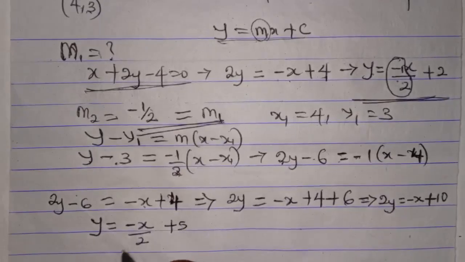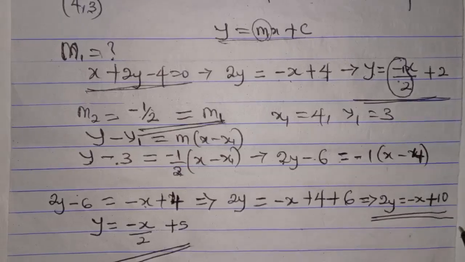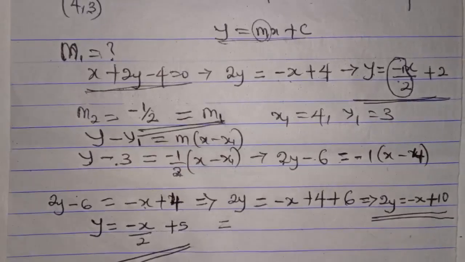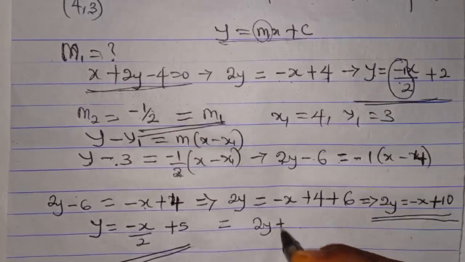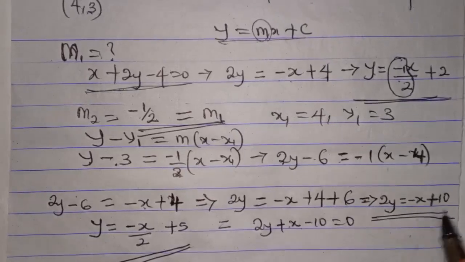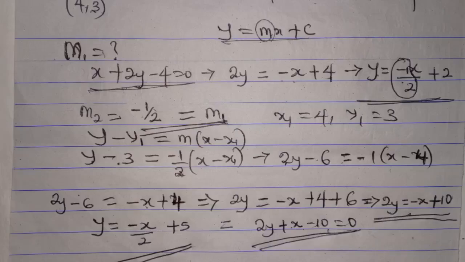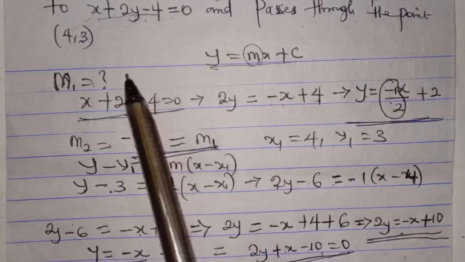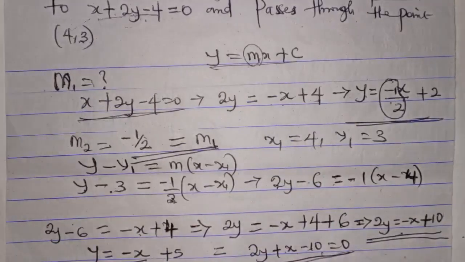Either I leave the equation like this, or we can simply say 2y plus x minus 10 equal to 0. This one will cross turn to plus x, this one will cross turn to minus 10. So whichever way I leave it, I'm correct. It gives the equation of the line parallel to this line and passes through this point.